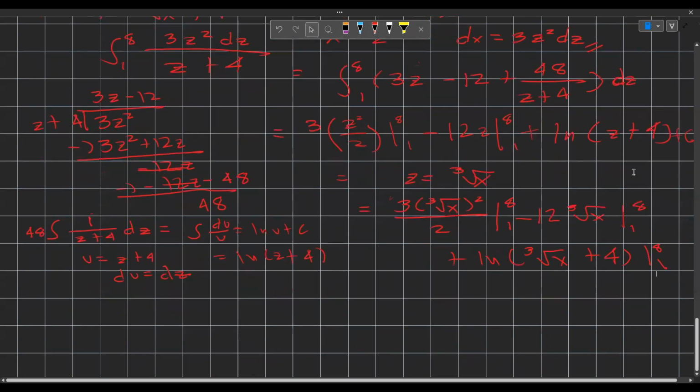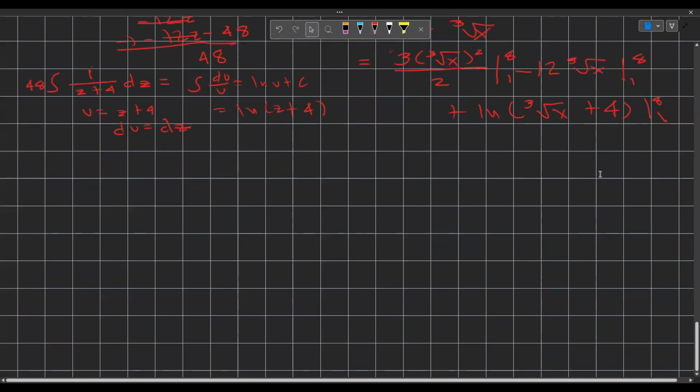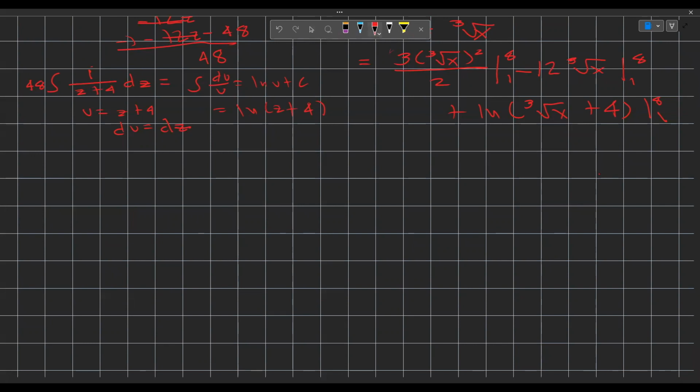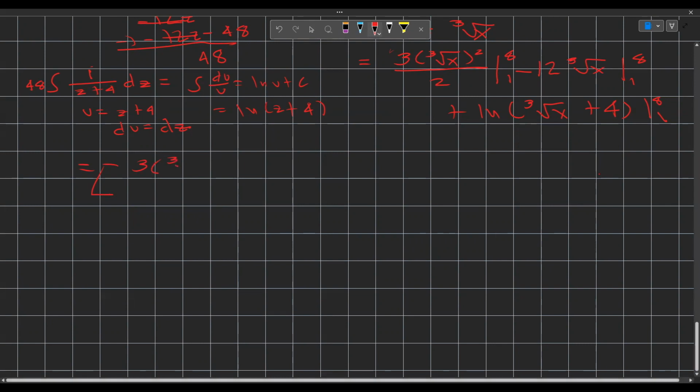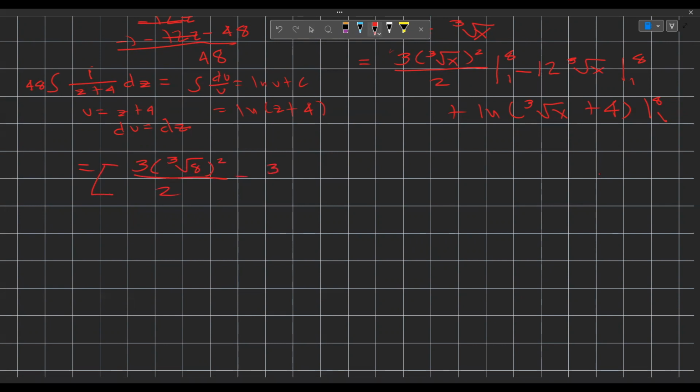Now, for definite integrals, we just have to substitute the values of 8 and 1, multiplying it with the value substituted. So for the first term, this will become 3 times the cube root of 8, then squared, over 2, minus 3 times the cube root of 1 squared over 2.